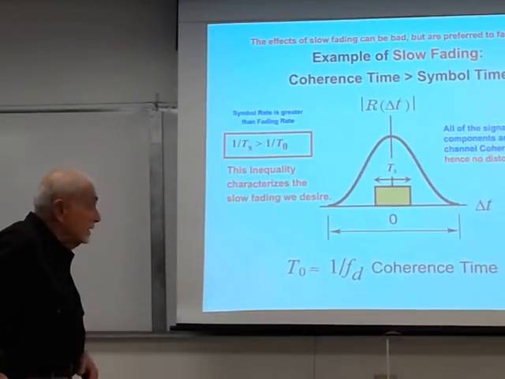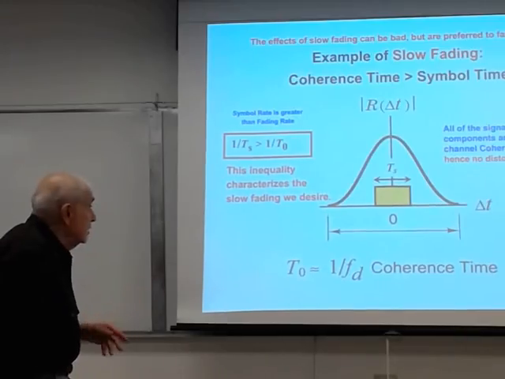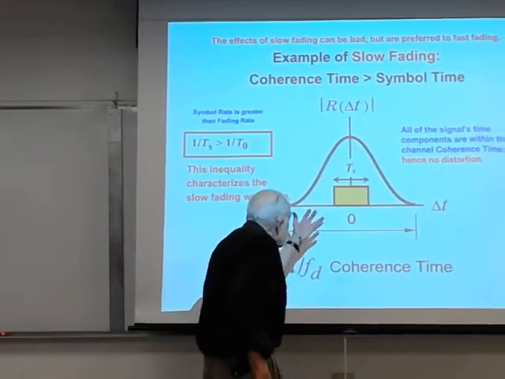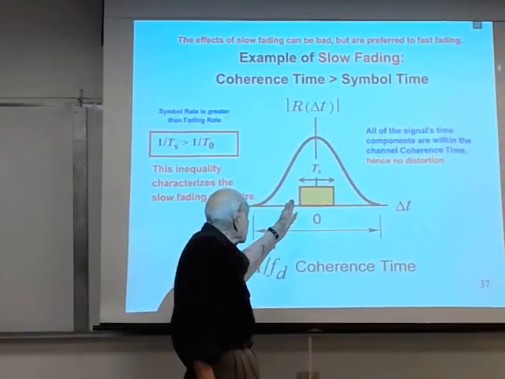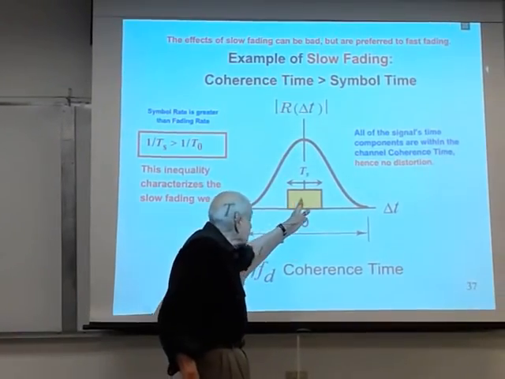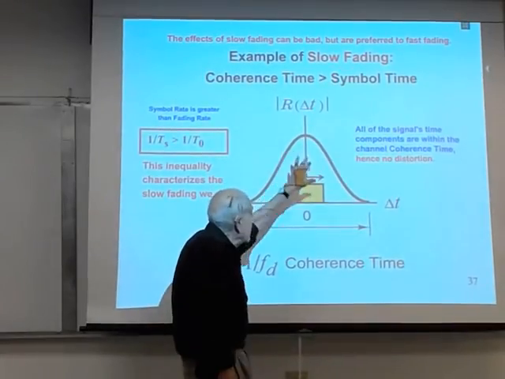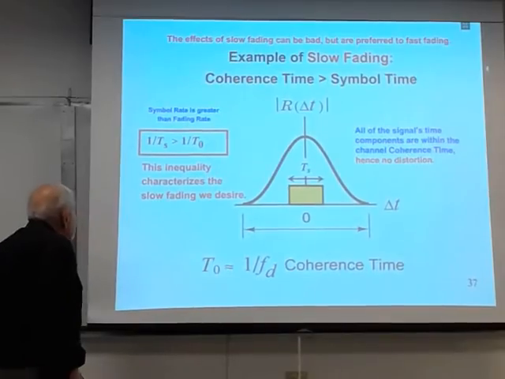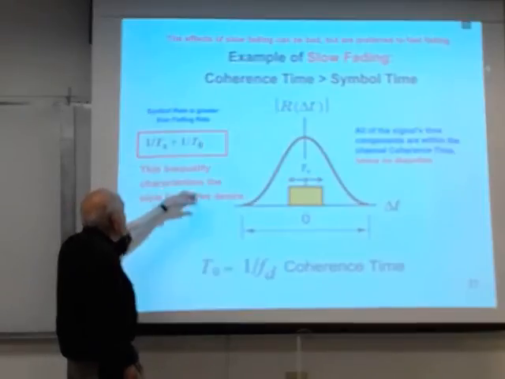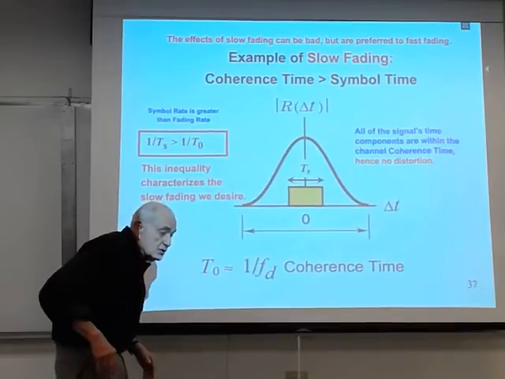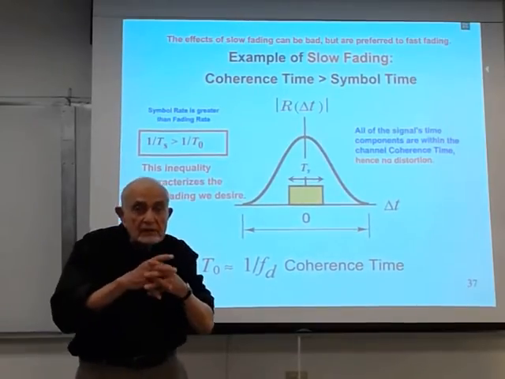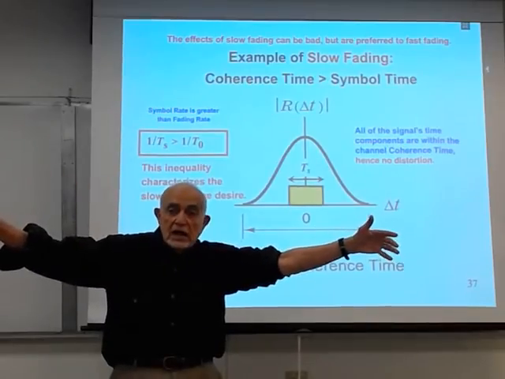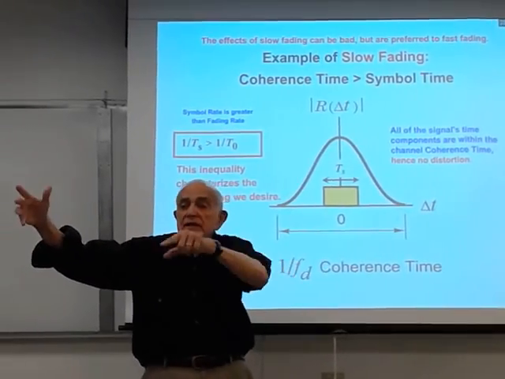And slow fading, nothing gets good, but it's not awful. It's merely bad. That is, there is no mutilation. The whole time symbol falls within the highly correlated part of the space-time correlation. The symbol rate is greater than the fading rate. And so the state of the channel can take a long time to change, and you've got many symbols going in that long time.